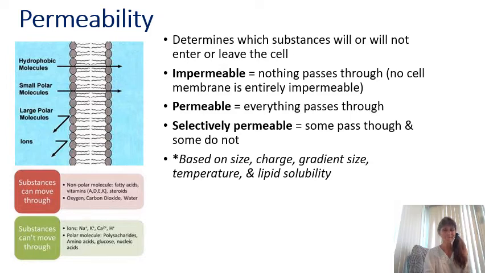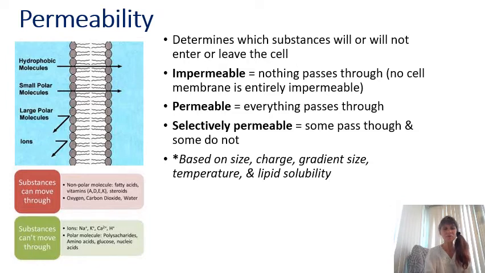Steroid hormones can pass through. Oxygen, carbon dioxide. Water is polar. However, as I mentioned previously, there are special protein channels, and that helps water move through. Water can also leak through. However, aquaporins are the main reason water can get in and out of cells.